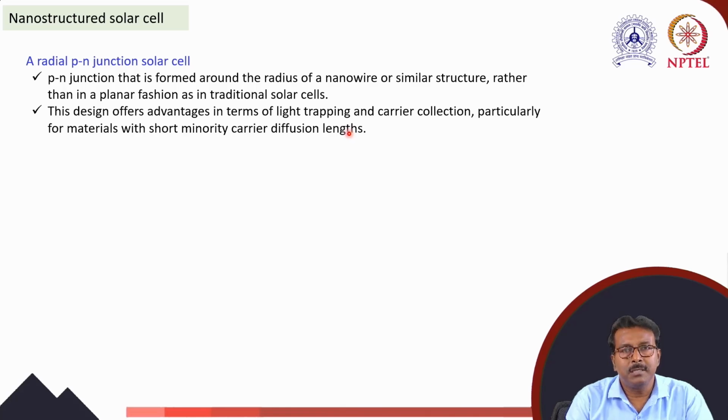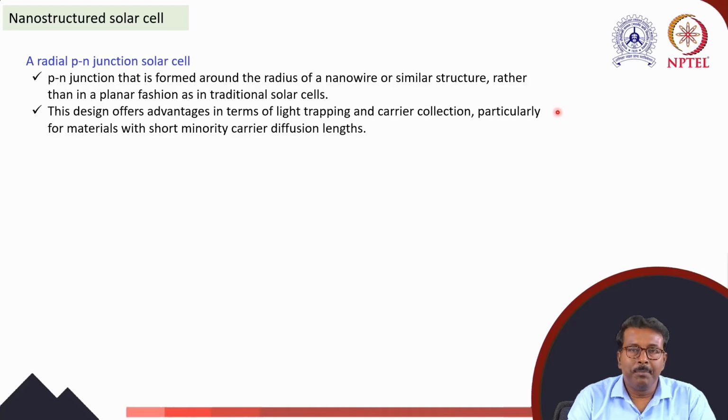Diffusion length being small means increasing the thickness of the absorber layer is meaningless, because carriers generated within the diffusion length can be separated by diffusion followed by drift. To get more carriers we can increase the thickness, but if the diffusion length is very small, increasing thickness beyond the diffusion length will be useless.